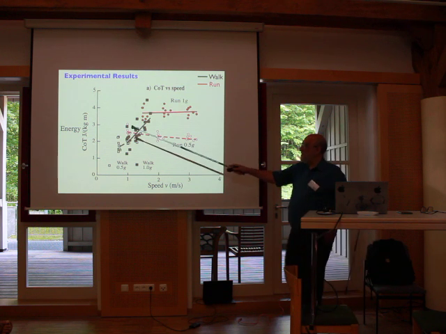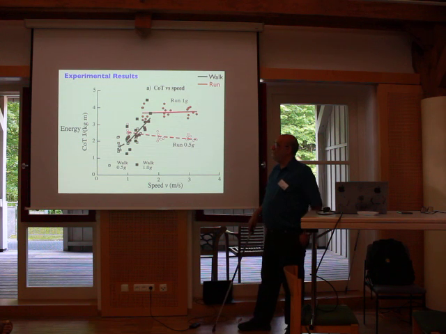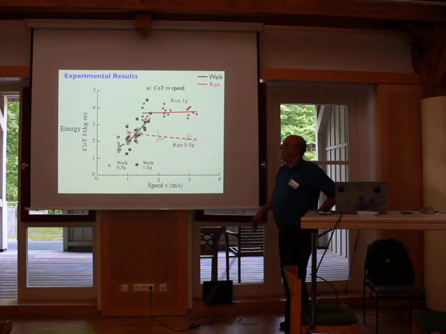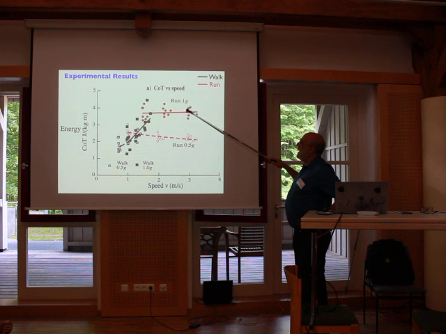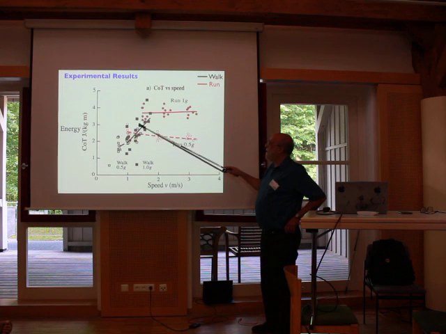So here's the energy use, which is the cost of transport measured relative to mass, not weight. And what you see is running at high gravity, the cost of transport is independent of speed, but it depends on gravity. Whereas if you look at walking, we have high gravity, low gravity.